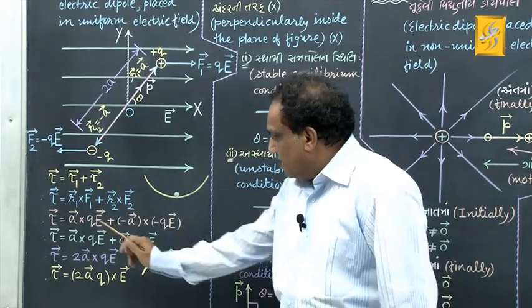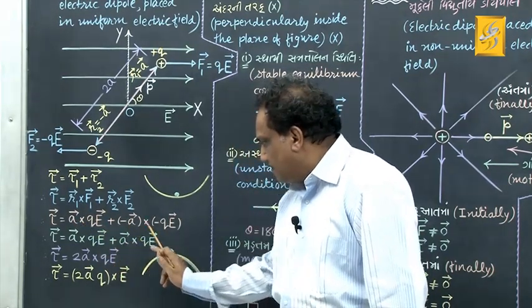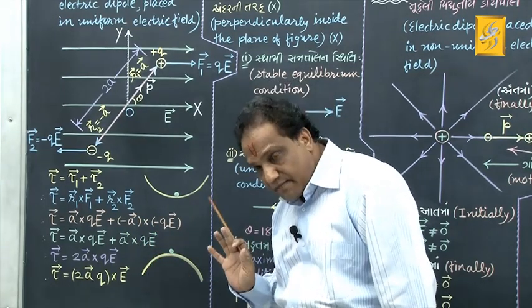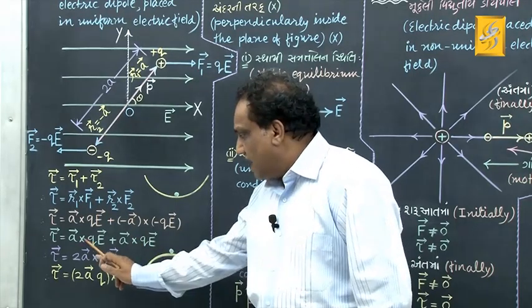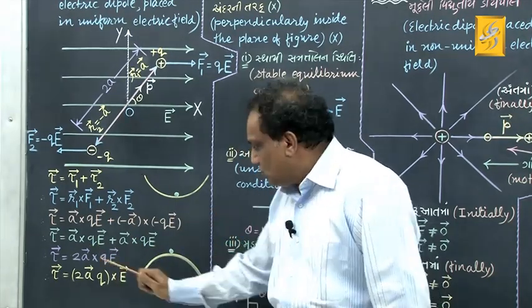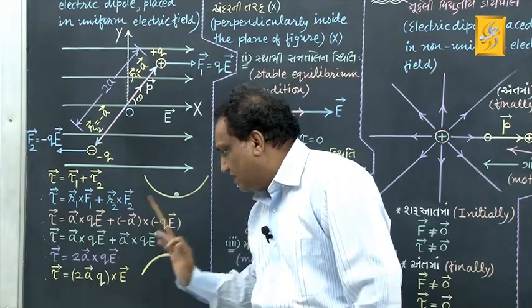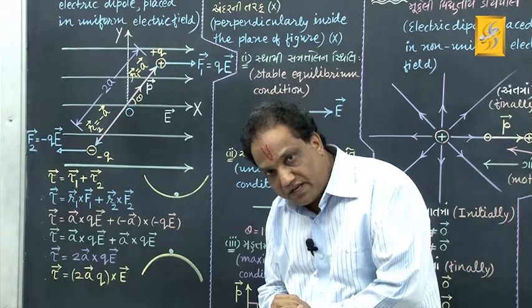Fine. Now this is vector a cross q vector E as it is, but here minus times minus gives plus vector a cross q vector E. Now the same term is repeated twice, so I can just multiply by 2. So 2 into vector a cross q vector E, correct.